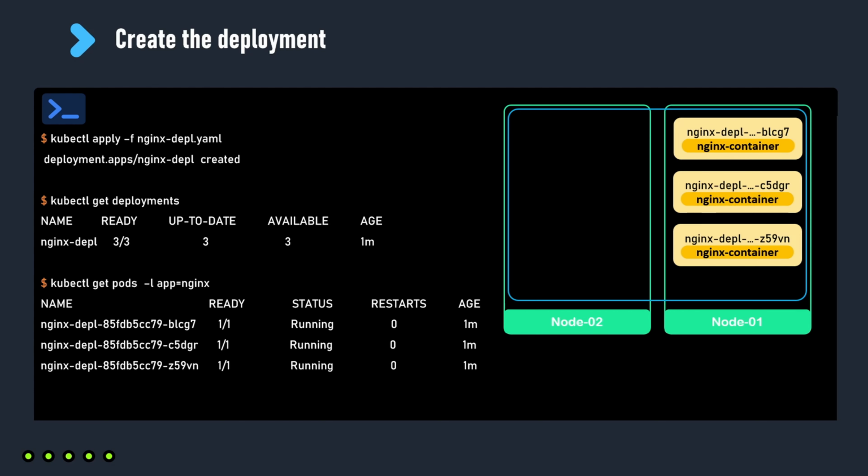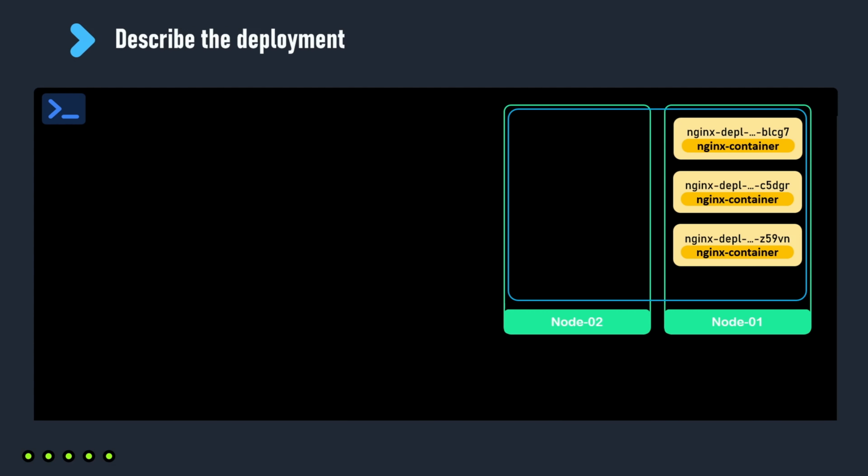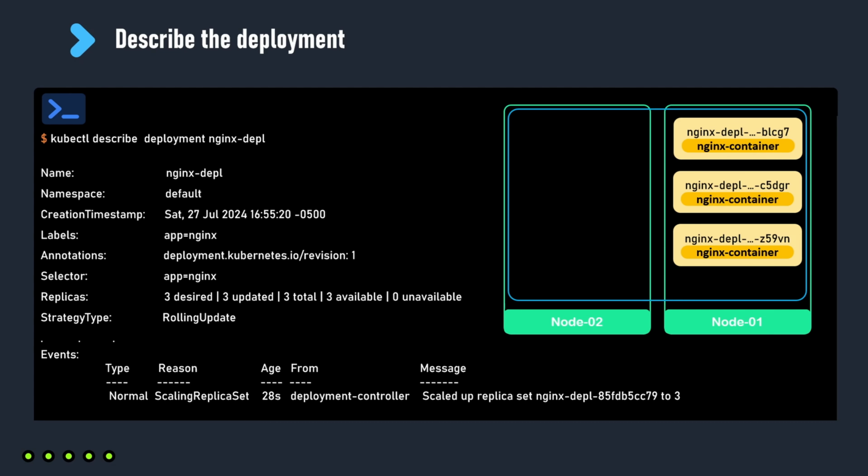To get more information about the deployment, we can use the kubectl describe deployment command, followed by the name of the deployment. In the output of this command, you will find the deployment strategy, which is by default set to the rolling update strategy.